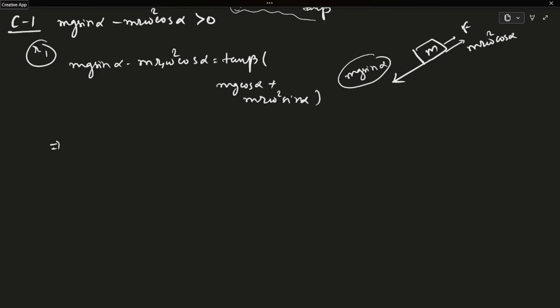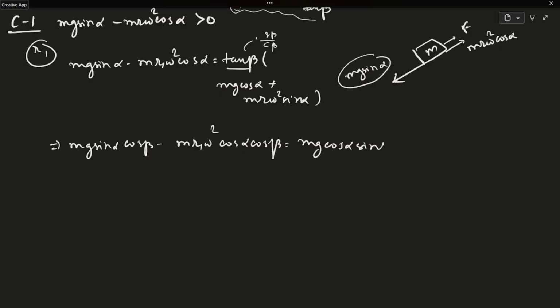I can write tan beta as sin beta over cos beta, and multiply cos beta on both sides. So mg sin alpha cos beta minus m r1 omega square cos alpha cos beta equals mg cos alpha sin beta plus m r1 omega square sin alpha sin beta.